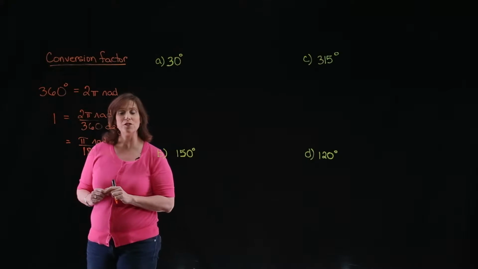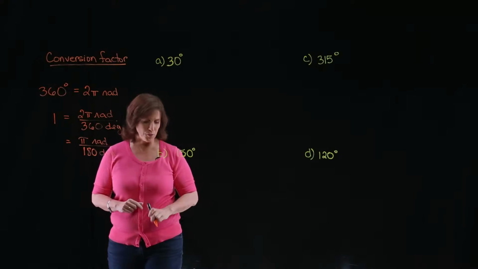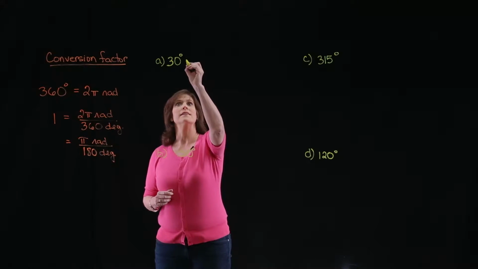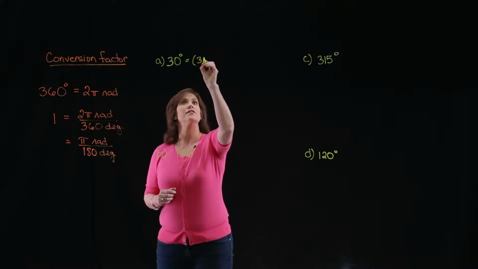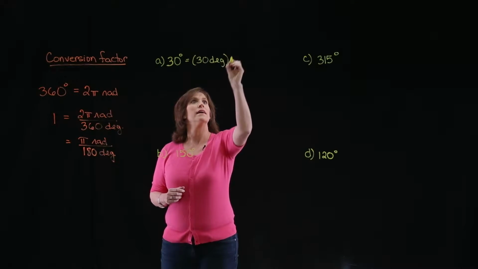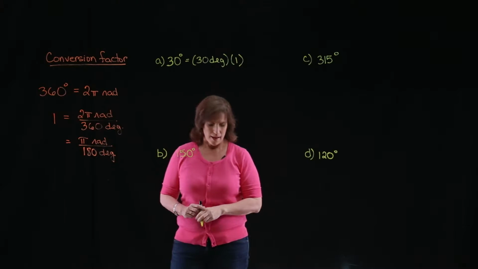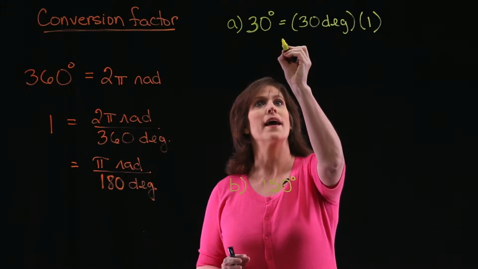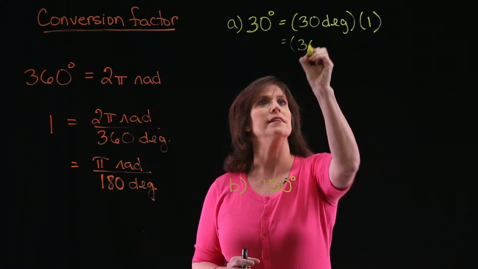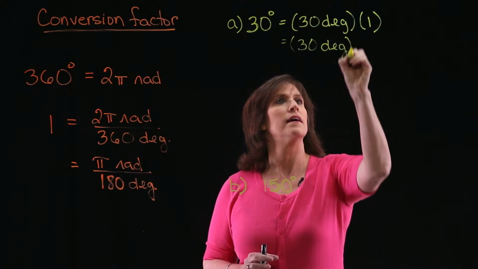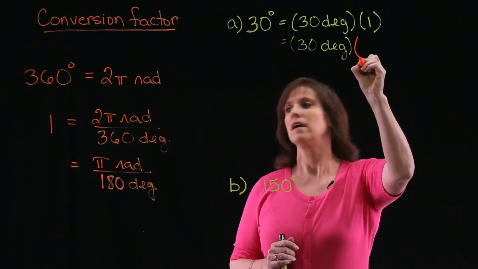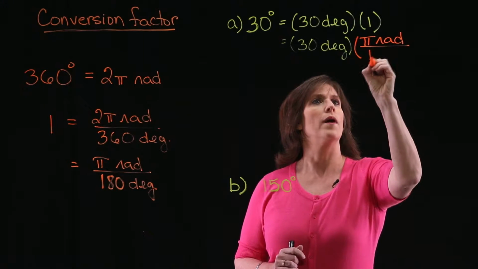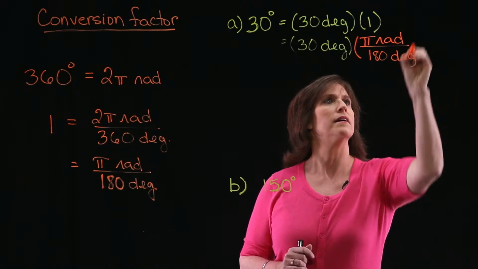All right, so let's use this conversion factor to help me convert from degrees to radians. In my first example, I have 30 degrees. Well, 30 degrees can be written as 30 degrees times 1. Now we know that 1 is the same thing as pi radians over 180 degrees. So I can write this as 30 degrees times my conversion factor, pi radians over 180 degrees.